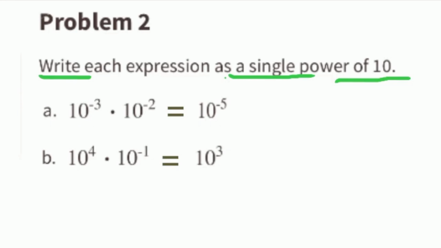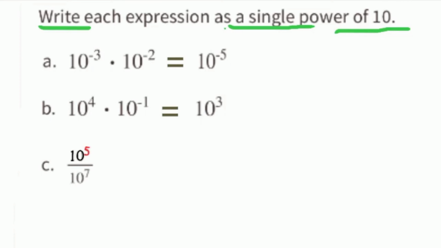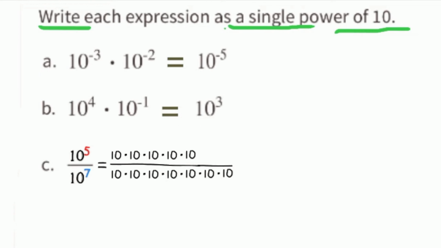C. 10 to the power of 5 over 10 to the power of 7 equals, on the top of the fraction, 10 times itself 5 different times, and on the bottom of the fraction, 10 times itself 7 different times. 10 divided by 10 equals 1, and this cancels five times.